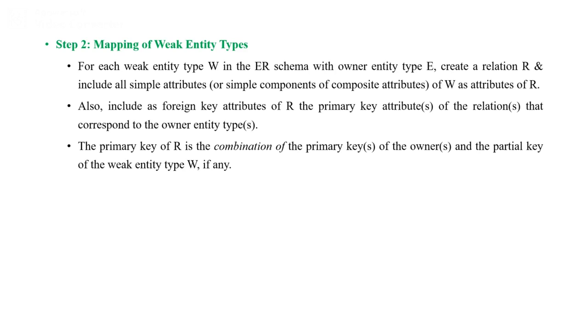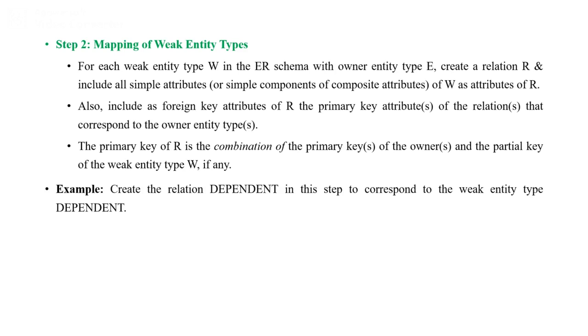So we create a key by combining the owner entity's primary key and the attribute selected by the weak entity type as a partial key. The combination of these two is the primary key for that weak entity type.